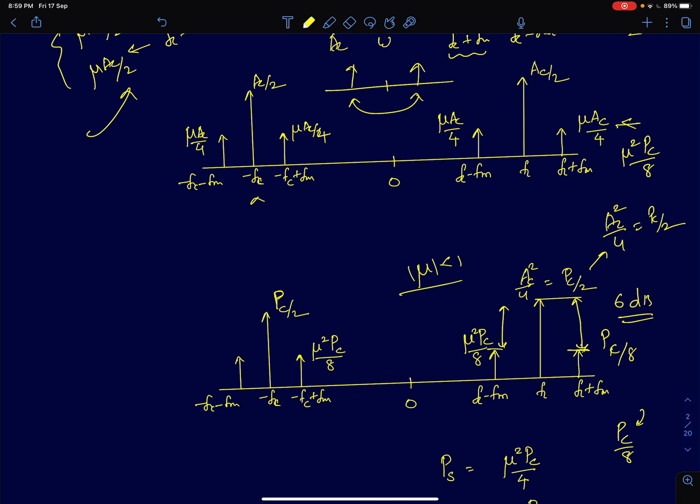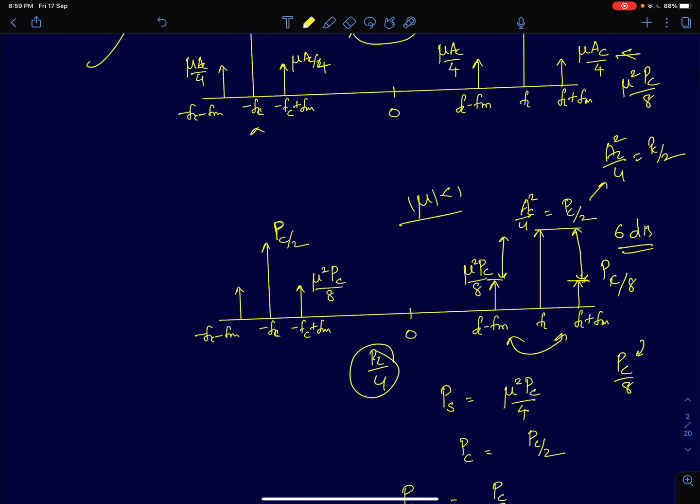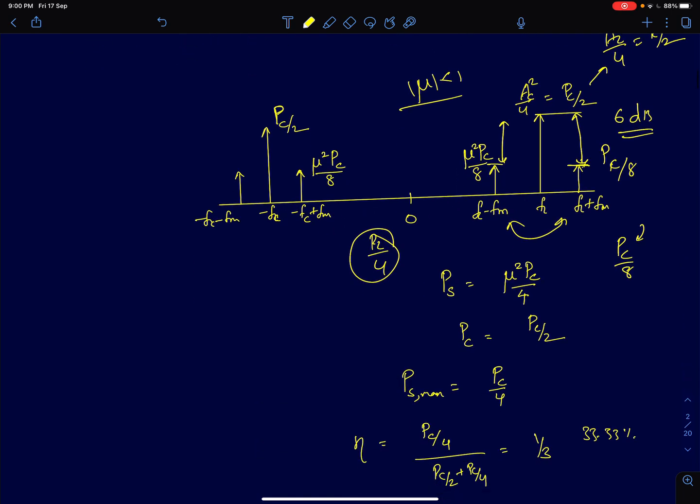So I thought it's better to know the distribution of power, especially in sinusoidal modulation. The upper or the lower sideband will be 6 decibels lower. When you add the two powers, the total sideband power will be PC by 4, and that's going to be half of the carrier power, so it will be 3 decibels lower.